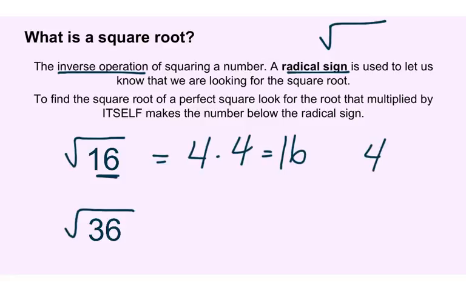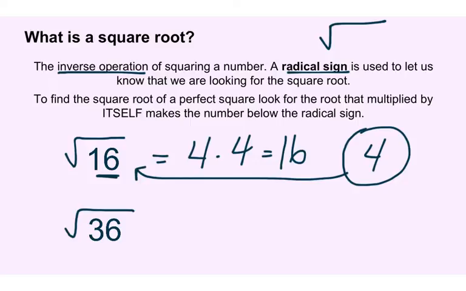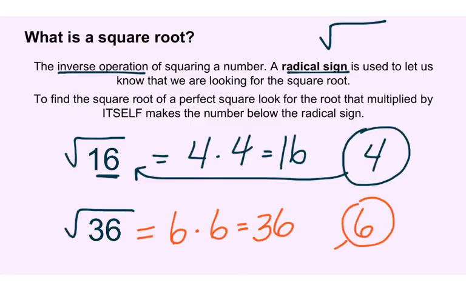The root meaning one of the sides that's multiplied by itself to give you the square. Okay? So the square root of 16 is 4. The square root of 36 is like saying 6 times 6 equals 36. Okay? So the root, or the square root, is 6, or one side of the picture.